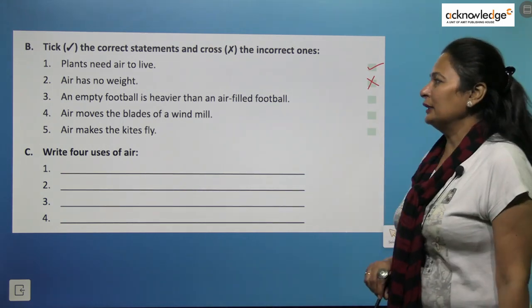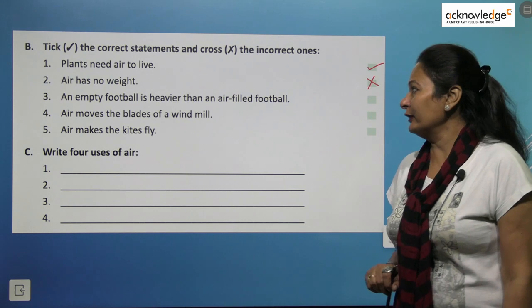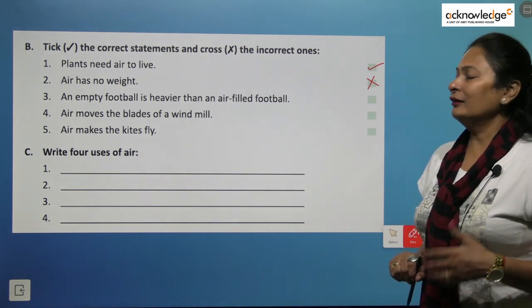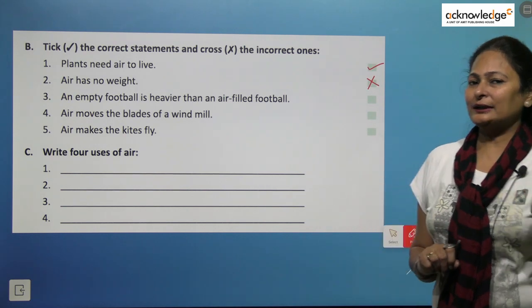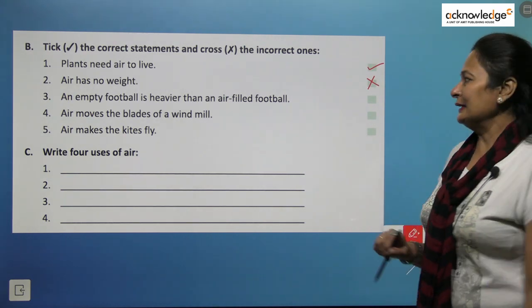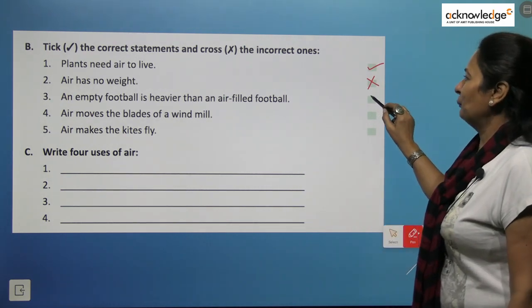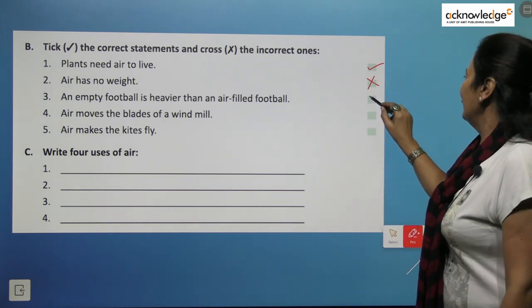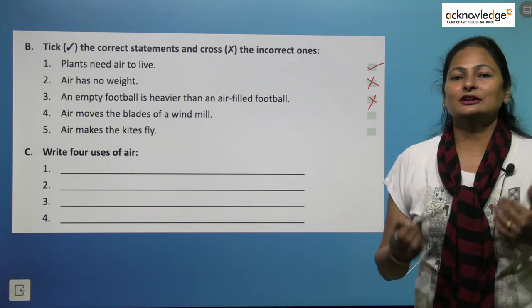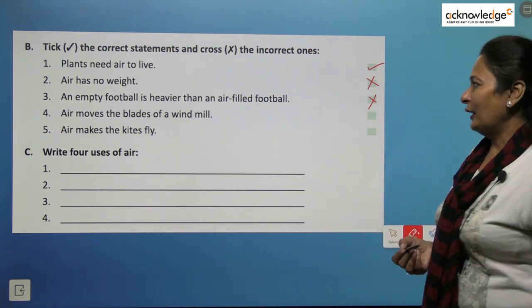Now, the third one is an empty football is heavier than an air-filled football. Can you tell me this is correct or incorrect? Excellent answers. This is incorrect because an empty football is lighter than the football which is filled with air.